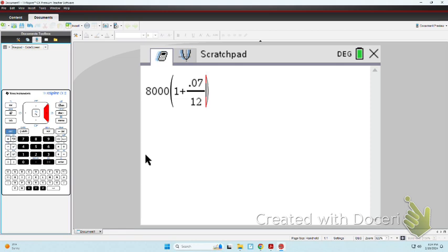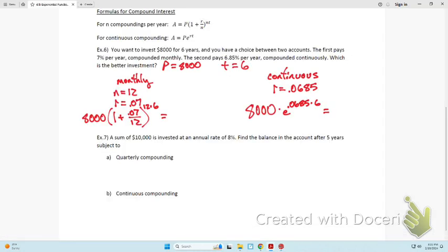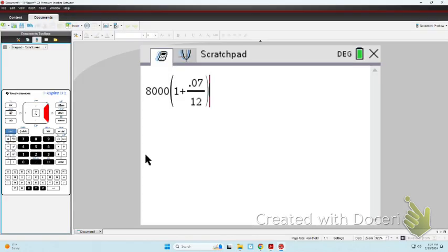Okay, this cursor needs to go outside the parenthesis because we're raising the entire parenthesis to that NT power. So look at the formula right here. Really important that NT goes outside the parenthesis. So it is press the power button to the 12 times 6 years.